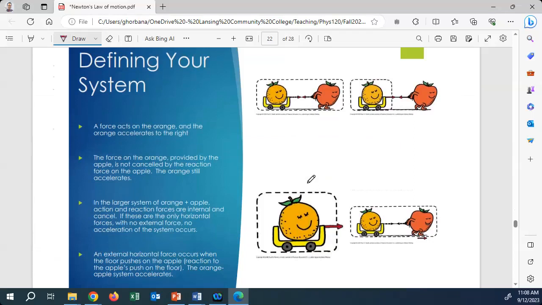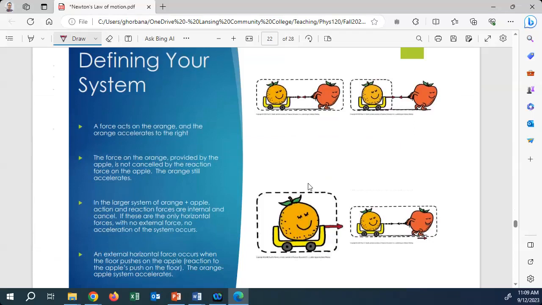Or we can say these two particles are in one system. We are analyzing the motion of these two particles in one system. It means that these two particles are attached to each other. That's why we have a system. See here, there are two objects.